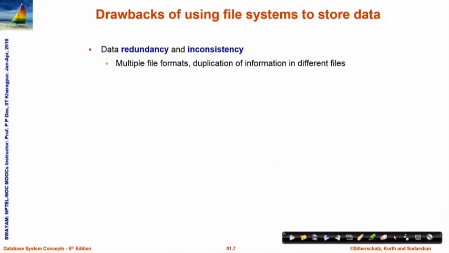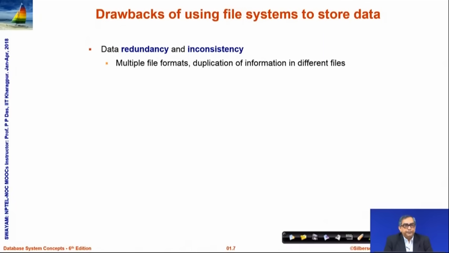over time, it was observed that file systems to store data, to manage data, have a lot of drawbacks. For example, in a file system, there is often a lot of data redundancy and inconsistency. These are terms which we will loosely define here, and as we go along the course, we will understand these terms better.